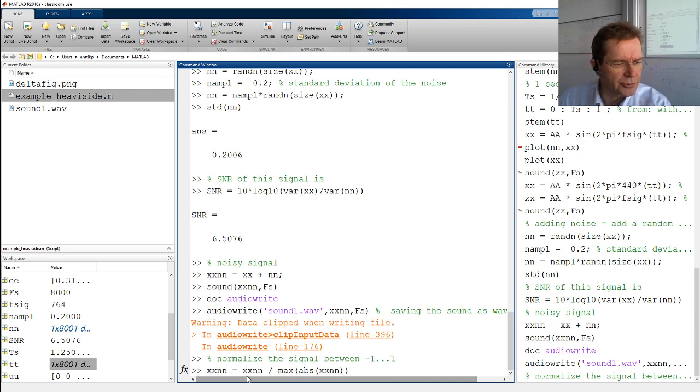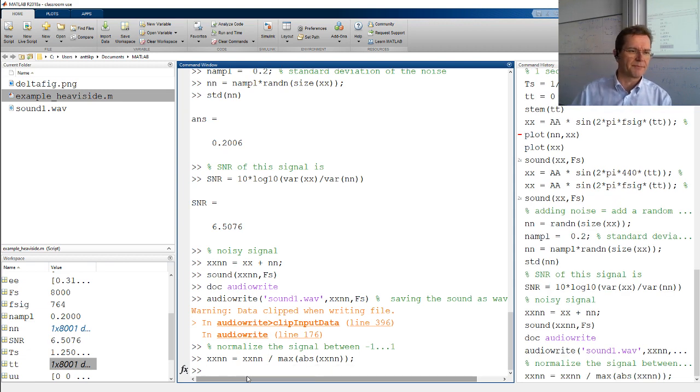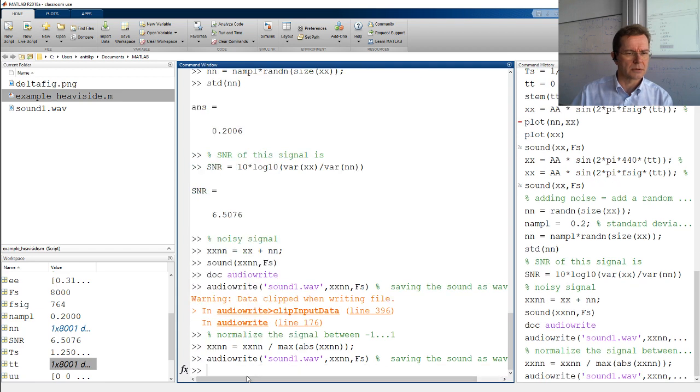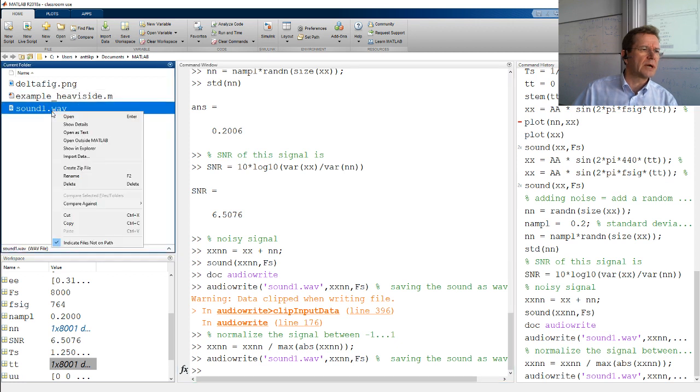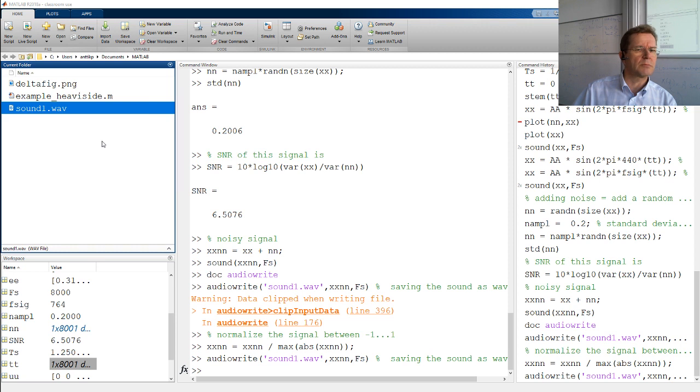That should do the trick. So now if it was negative, that should be fine. And doing the audiowrite again. There. No warnings. There we go. Now we have the sound1.wav file.